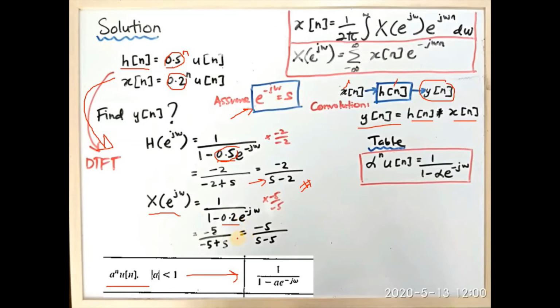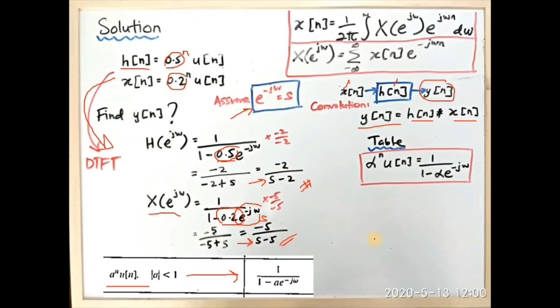But I would like to leave this with only integers, not in decimal form, so we multiply by minus 5 over minus 5. So for signal x you get minus 5 over minus 5 plus s. Rearrange it, then you get minus 5 over s minus 5.